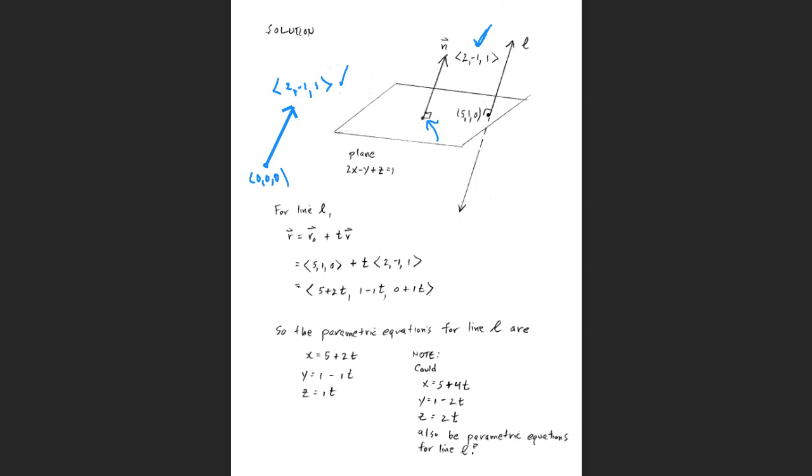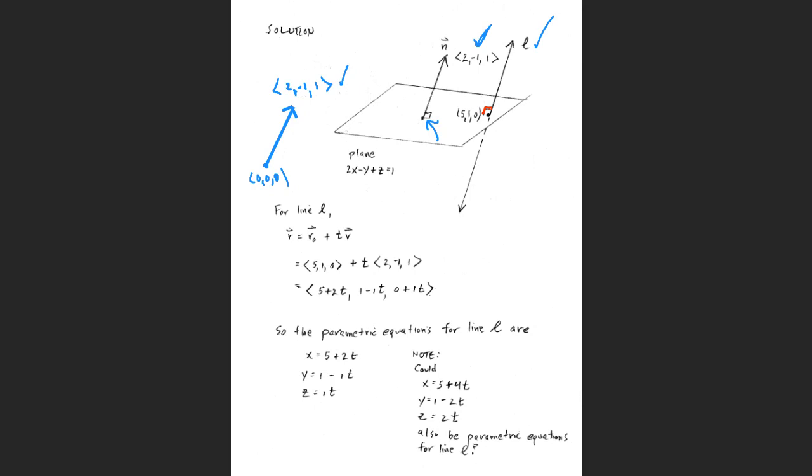But also, the plane passes through the point (5, 1, 0). So this line here is perpendicular to the plane, hence the right angle. But I'm going to have to fix this.